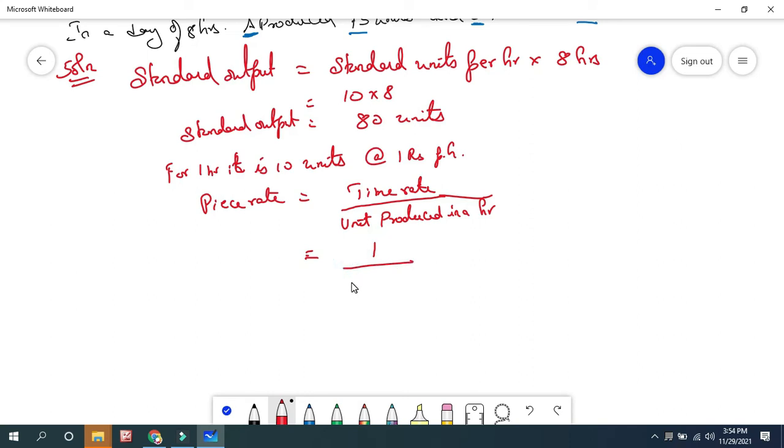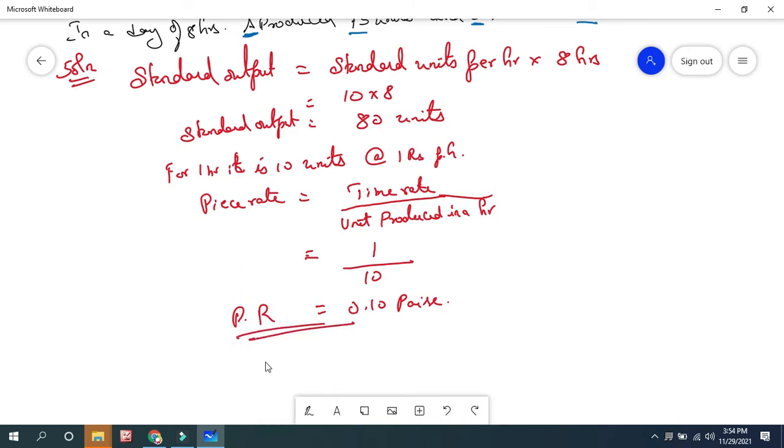Units produced in an hour is 10 units. Then it is 0.10, that is 10 paise. So piece rate is equal to 10 paise per unit.